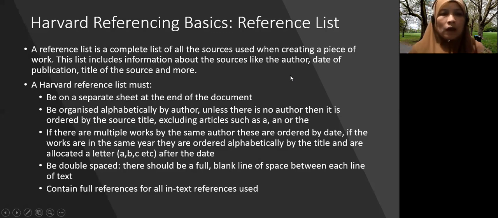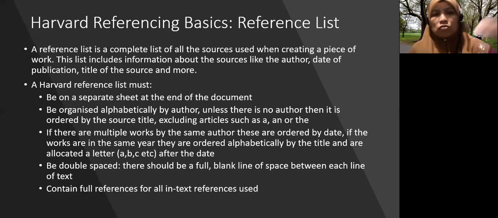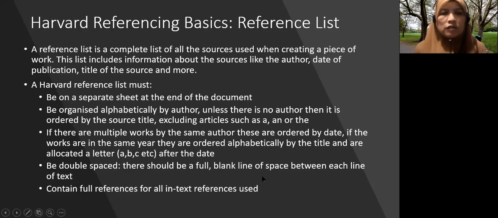It is also important to highlight that in Harvard referencing style, you need to observe these 5 items. Let me put my picture somewhere else. So normally for the references list, you have to have a separate sheet. You cannot put it together with the text.